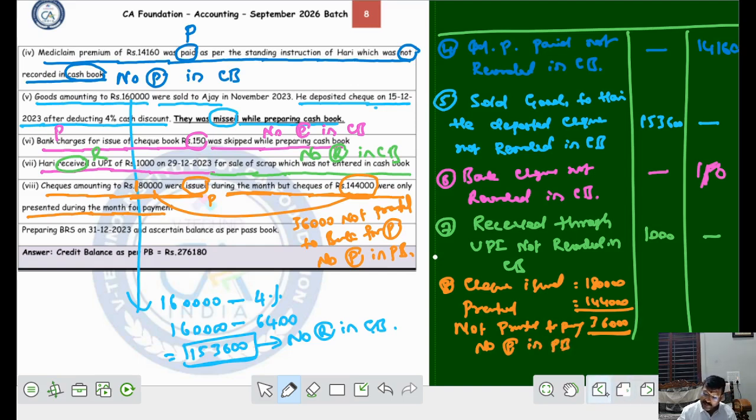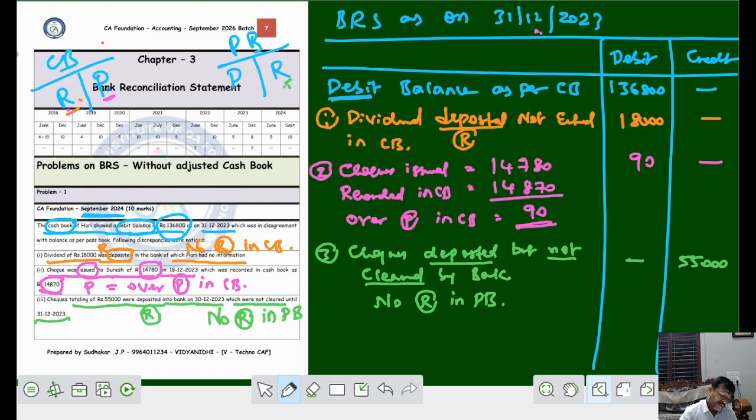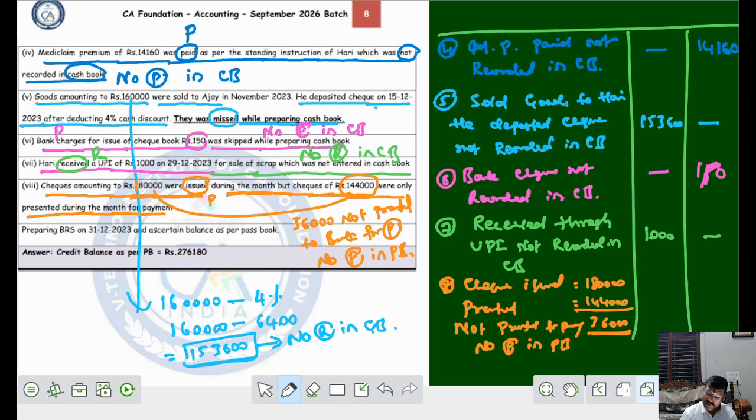No payment in passbook means no debit in passbook. So where should I record? It is to be recorded in the debit side, that is 36,000. Okay, fine. Prepare BRS. This completes all the points of the problem.